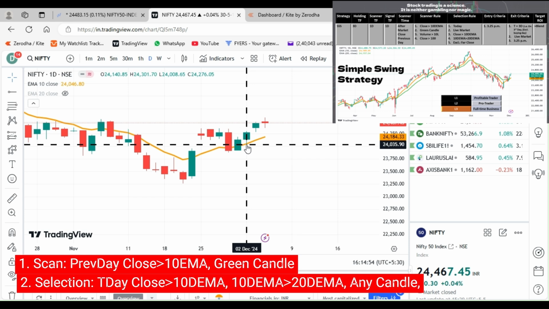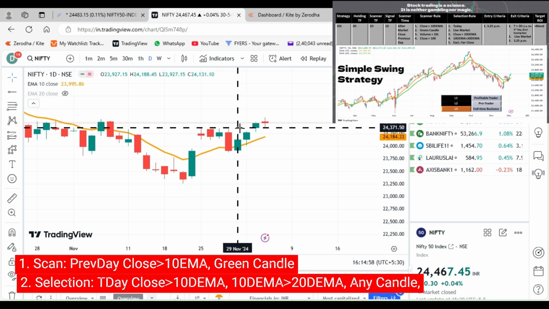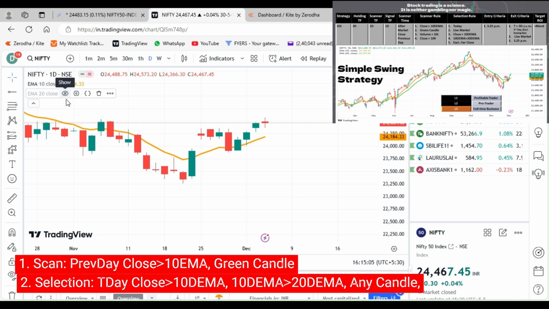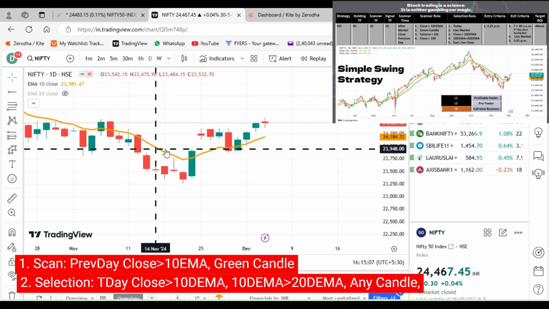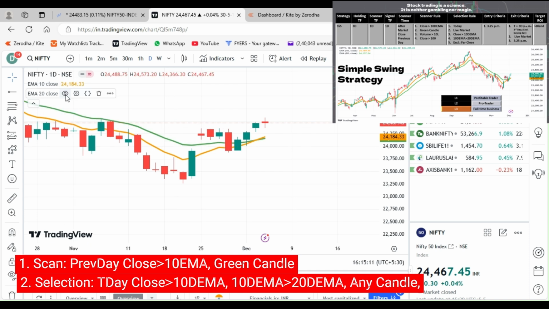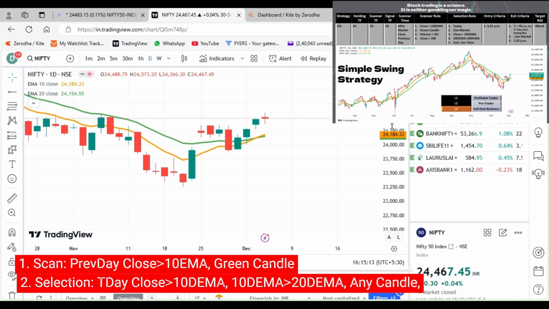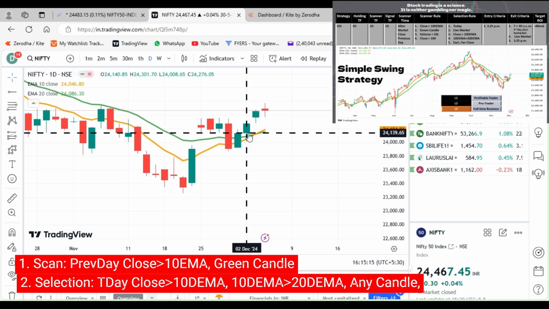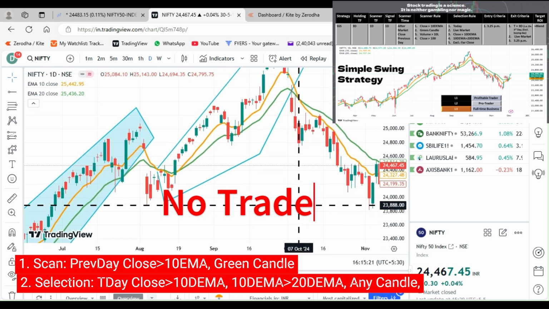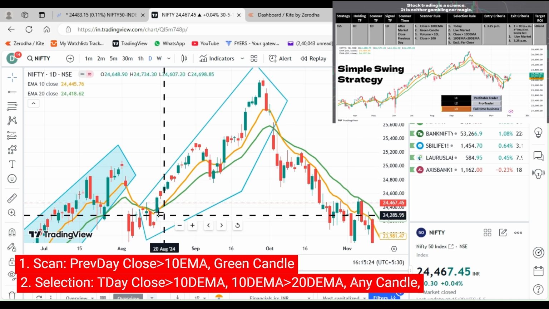In the live market at closure time, that is around 3:25 p.m., we will see whether the closure is still more than the 10 DEMA line. Yes, on 2nd December closure is more than the 10 DEMA line. Now whether 10 DEMA is greater than 20 DEMA or not, we can see the 10 DEMA is not greater than 20 DEMA on 2nd of December. So hence on this particular day the criteria is not matching.